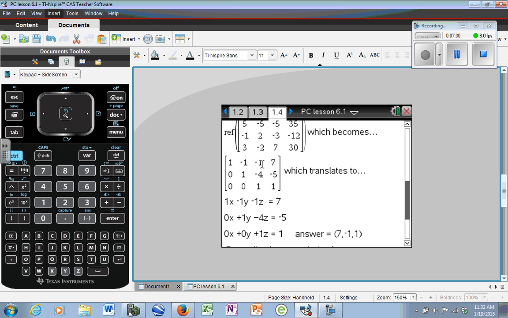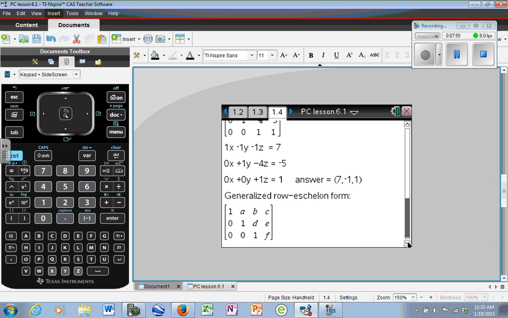There's 1, negative 1, and negative 1, which turns into 1x minus 1y minus 1z equals 7. The second row basically starts right here at 1y minus 4z equals negative 5. And then we got our third row, so it takes out stuff, it simplifies it, and if you went on for the answers, you get 7, negative 1, and 1 for x, y, and z.